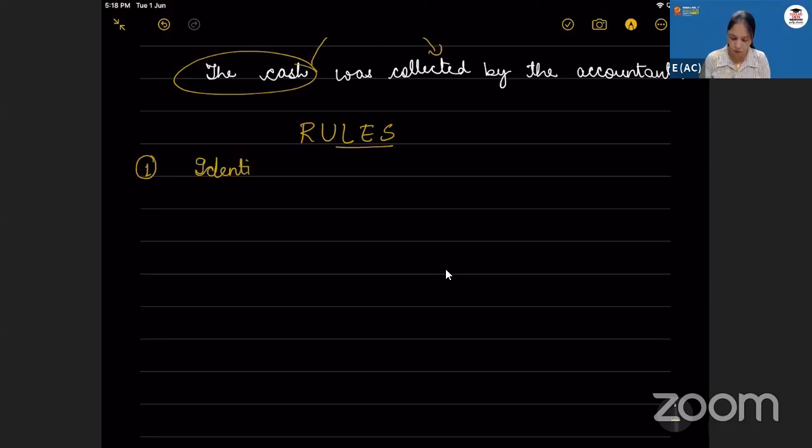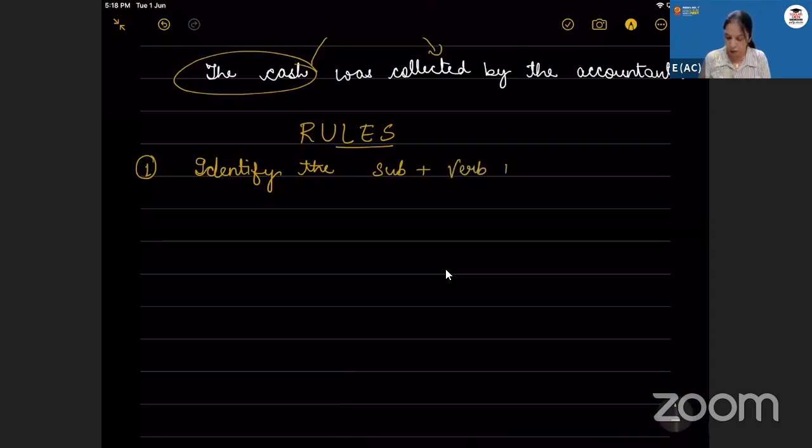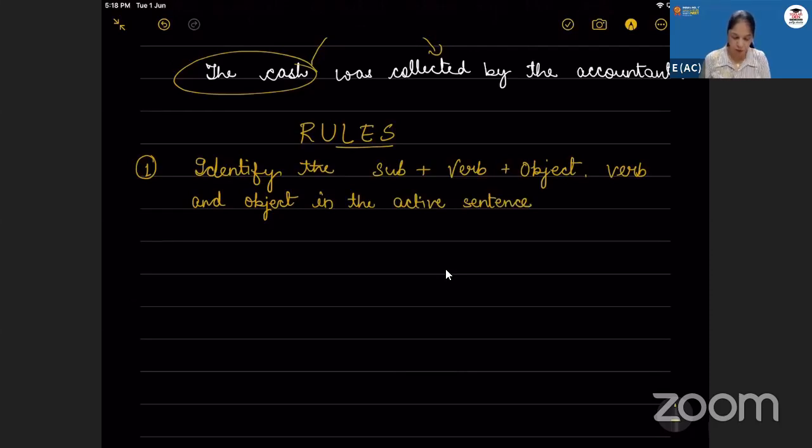Identify the subject, verb and object in the active sentence to convert to passive voice.